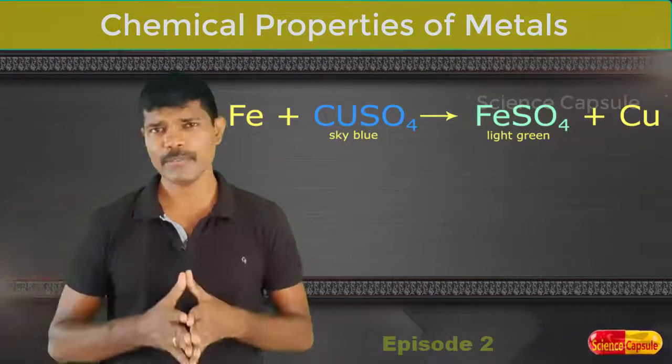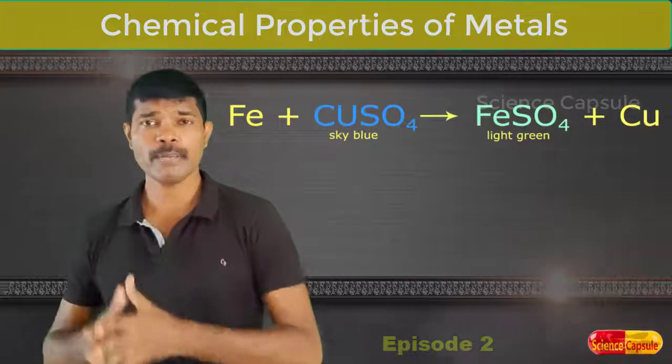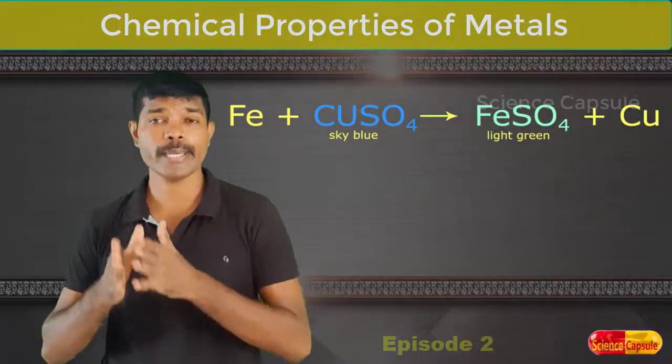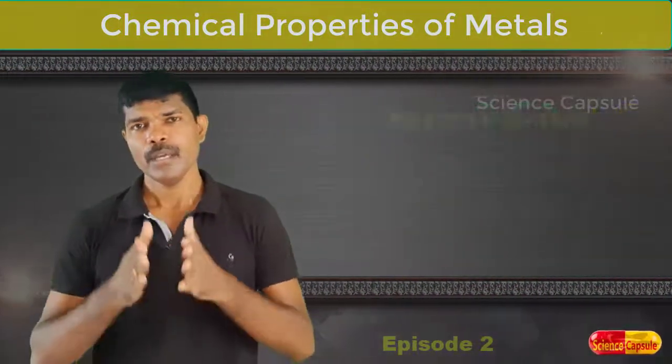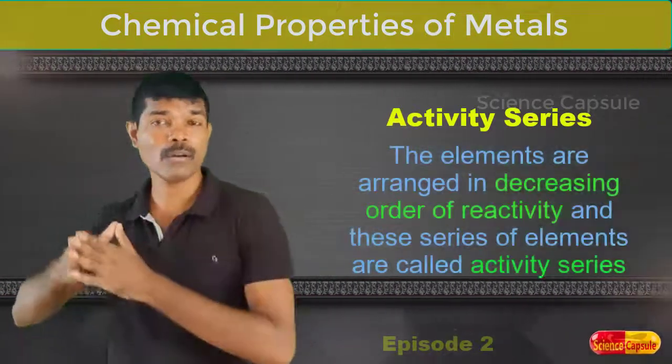To understand the reaction of metals with solutions of other metal salts, we should understand the activity series. In the activity series, metals are arranged in decreasing order of reactivity.